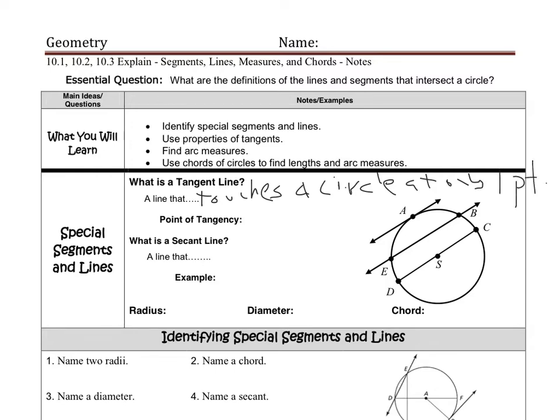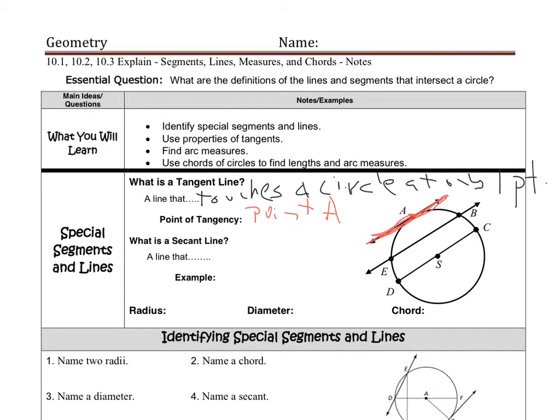For instance, in this circle here at the right, this line that I'm highlighting in red is a tangent line because at point A it touches the circle at one point. And that would be called the point of tangency. So we'll go ahead and add that point A here in this circle is the point of tangency.